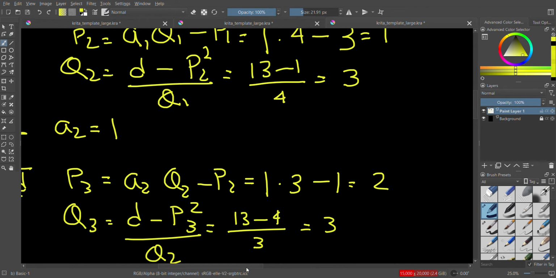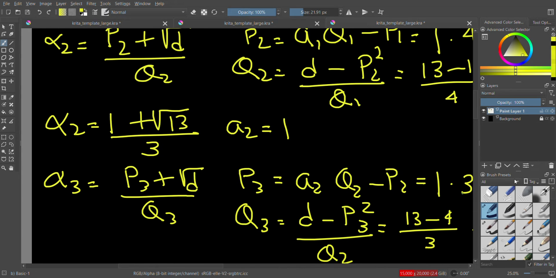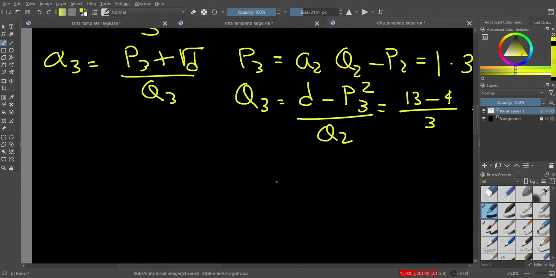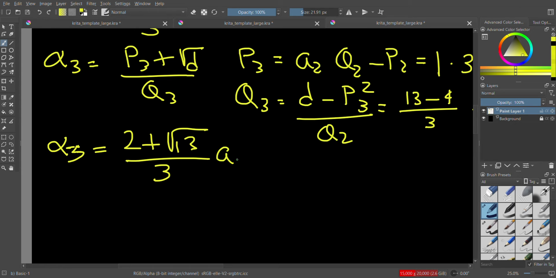So then we go back here and we write out alpha sub 3 is equal to 2 plus square root of 13 divided by 3, and our A3, 2 plus 3, like 5 over 3, floored, is 1.